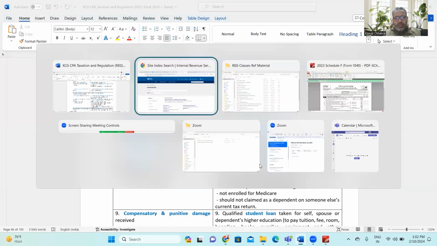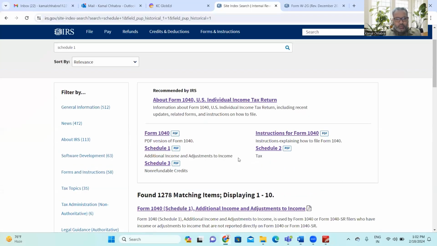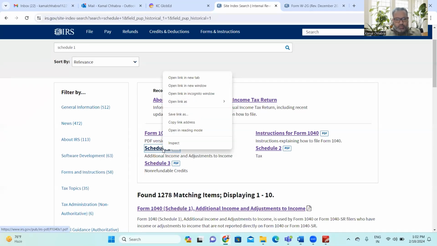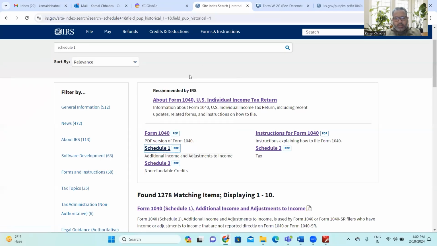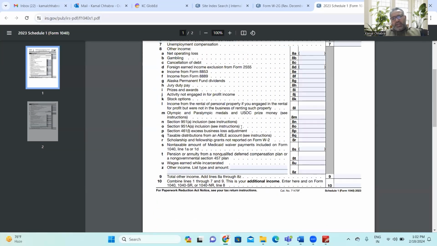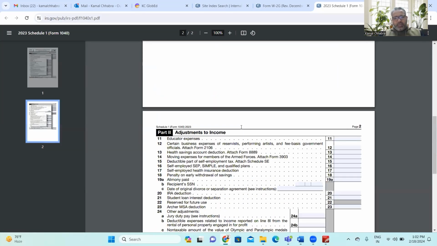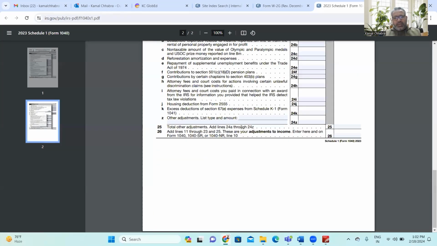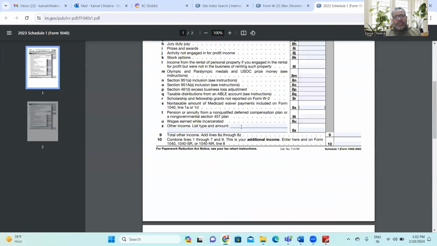Right. So Schedule 1, quickly let me download. I think it is this one. So additional income and adjustment to additional income. If there is any additional income, which in India we call other income category of things, and any related expense, you can file in Schedule 1.